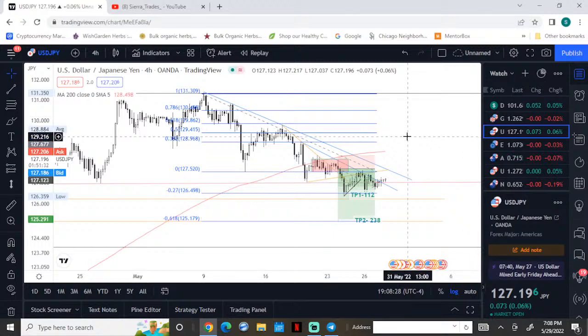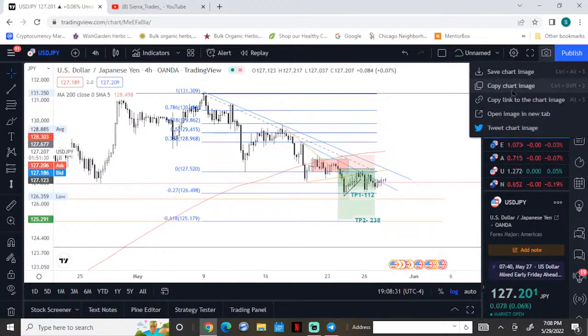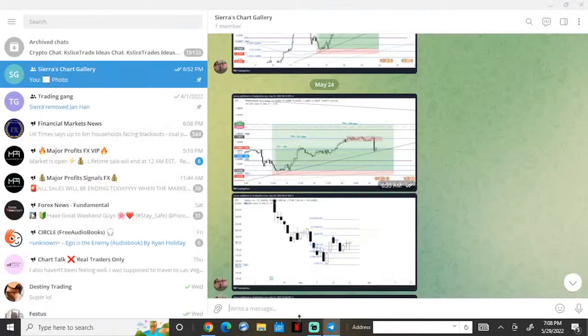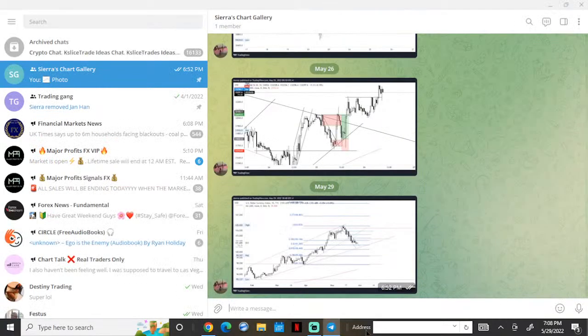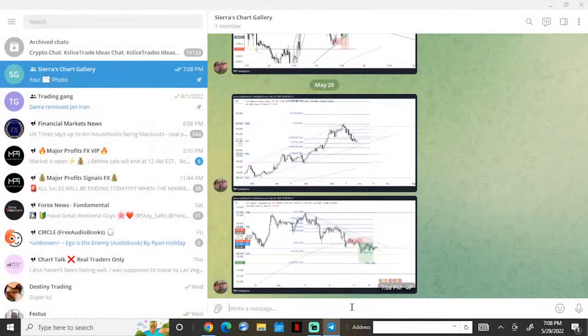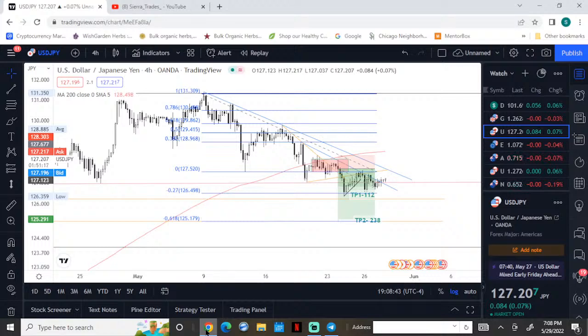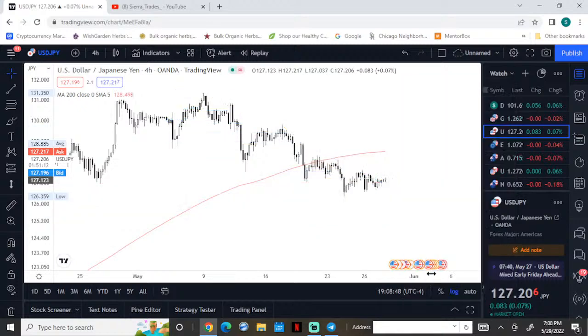Still haven't completed this fib. I don't believe I got a screenshot, so I'm gonna take it now before I clear it. And maybe this isn't right, so let's see what we got.